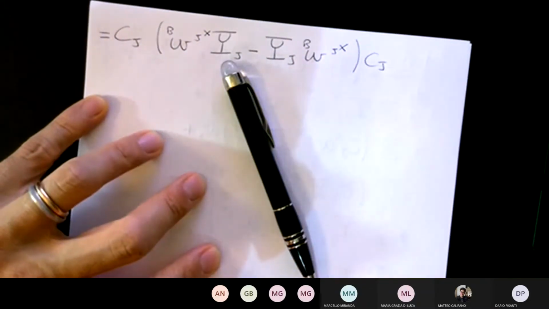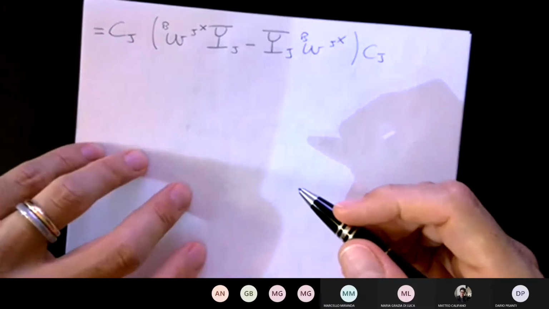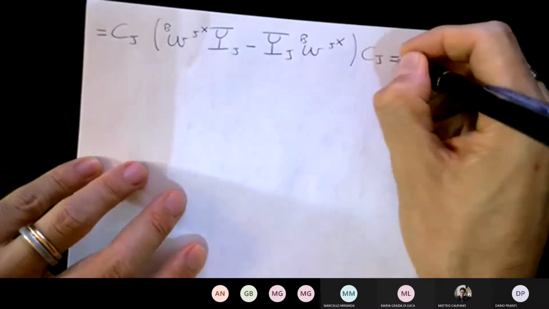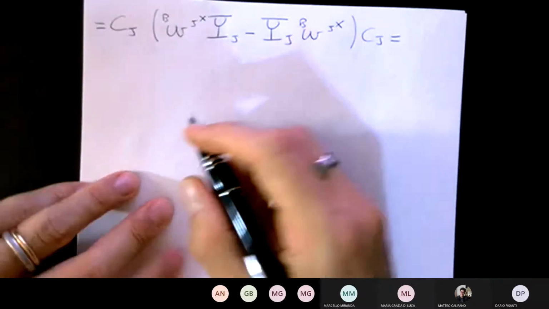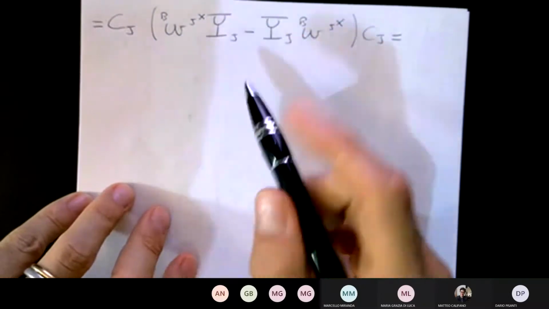And then, well, we're going to see what it looks like. It's going to take a little bit of unknowing work, but it's going to be useful. So bear with me. I'm going to actually write what these things are.